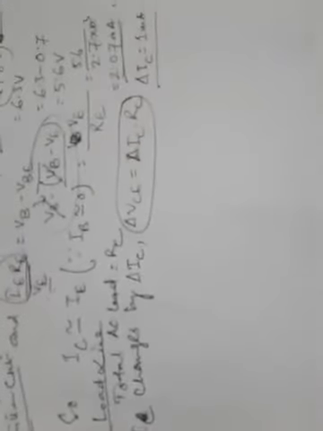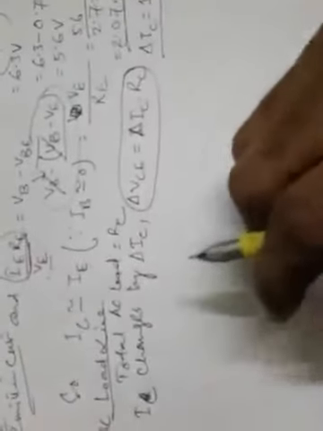Okay, we have seen this at the beginning of today's discussion. So assuming a certain value of del IC, suppose we are assuming here as 1 milliampere. Suppose it is changed by 1 milliampere.